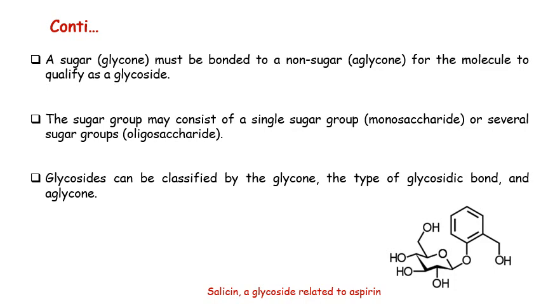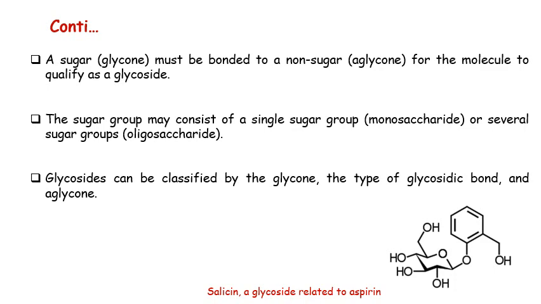Otherwise it will not qualify to be called a glycoside. The sugar group may consist of a single sugar group, that is a monosaccharide, or several sugar groups, or oligosaccharides. The sugar group may be one or many, but it must be linked or bound with the non-sugar molecule.